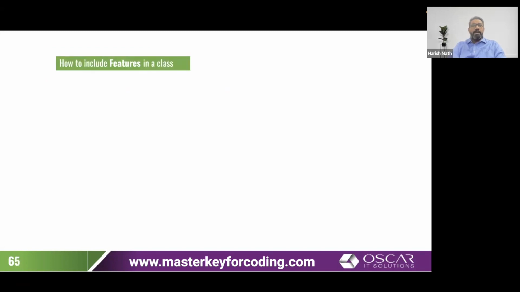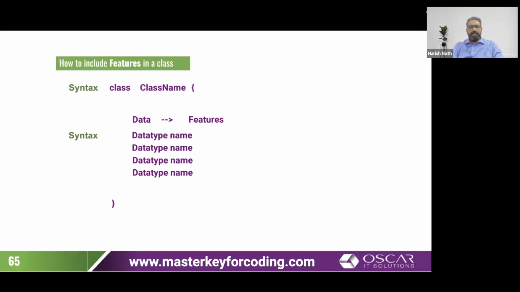How to include these features into your class? Because class is a collection of these features. How do you add them? Go back to the syntax. Syntax of what? Memory statement. Class name. Now it's going to consist of data, which is features. Syntax is the same: data type, name.